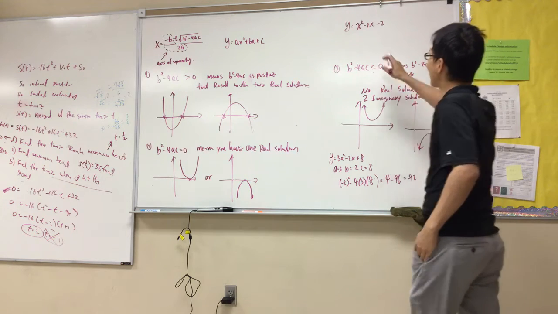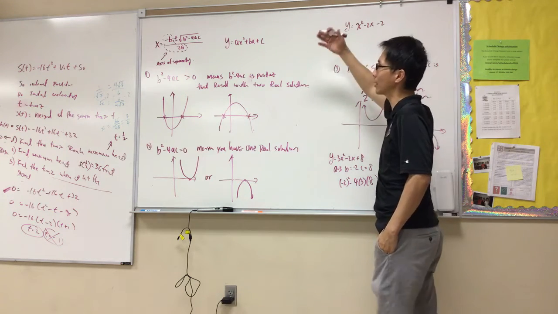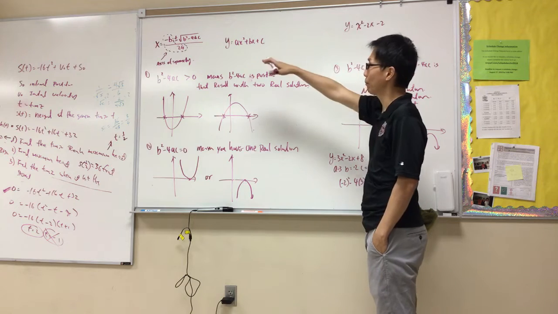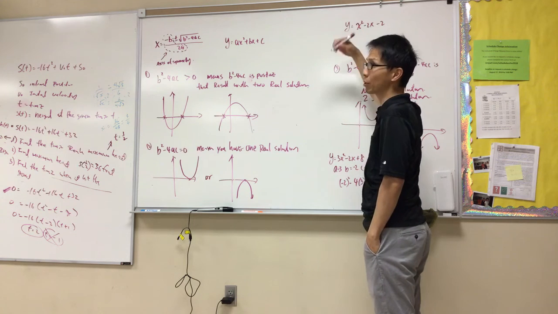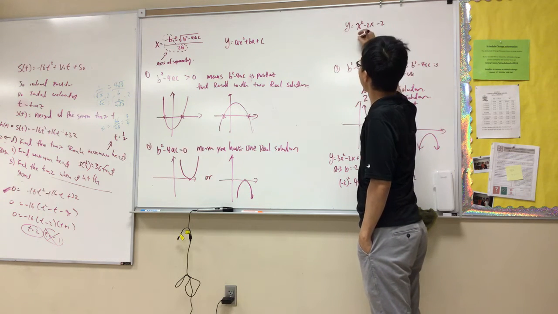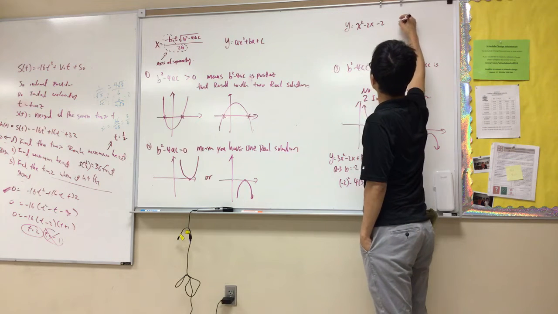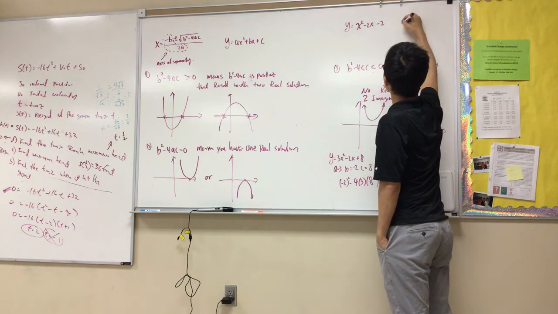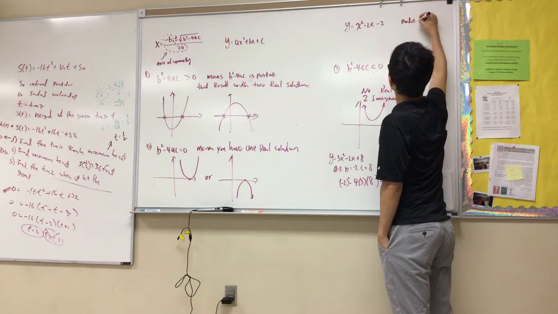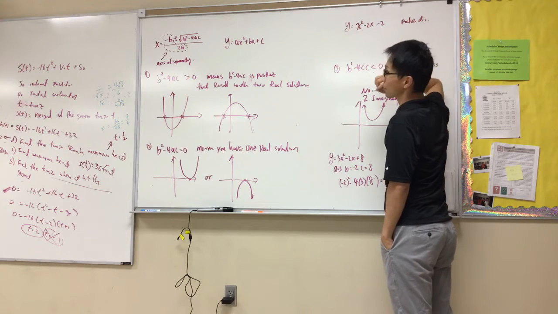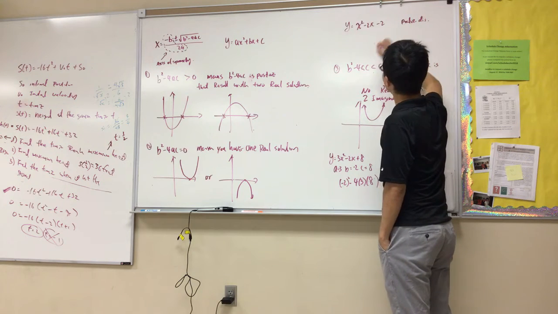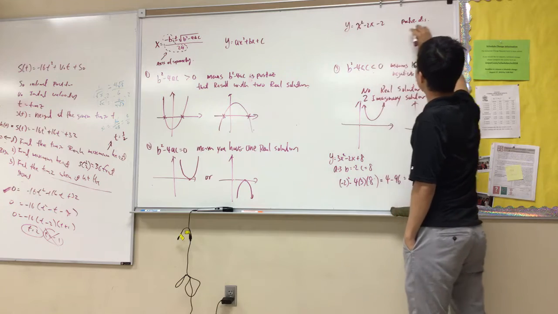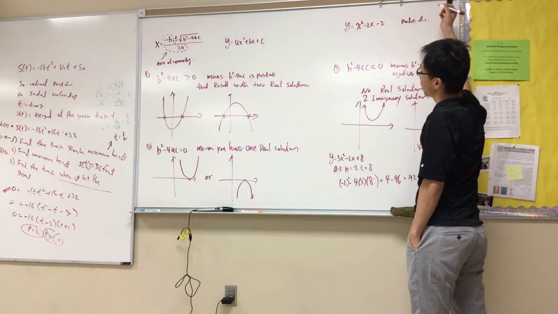2. But instead of just doing the discriminant, I'm going to do an extra thing. I'm going to do the quadratic formula, and I'm going to show you why there are 2, okay? So why are there 2 solutions? We know the discriminant is positive. So positive discriminant, therefore 2 real solutions.